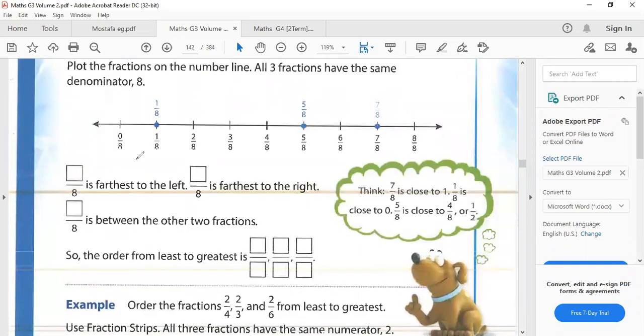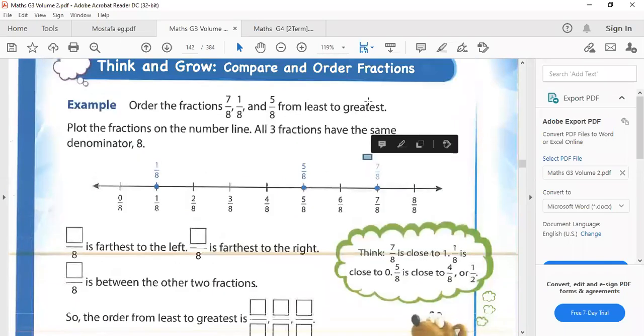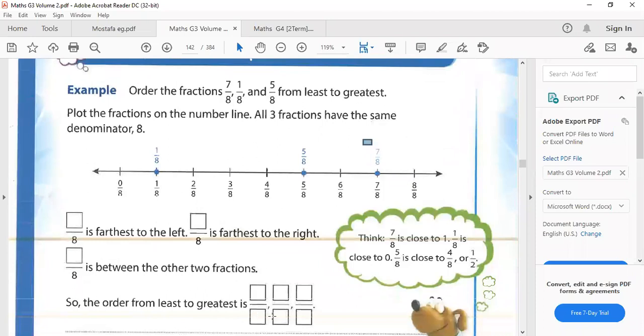Okay, if you have to plot the fractions on the number line, all three fractions have the same denominator, 8. The three fractions that we have here are 7 over 8, 1 over 8, and 5 over 8. So let's divide the distance from 0 to 1 into 8 equal parts, like this.